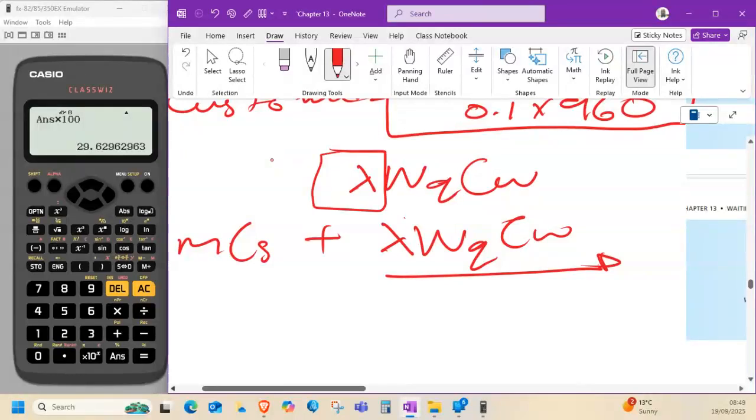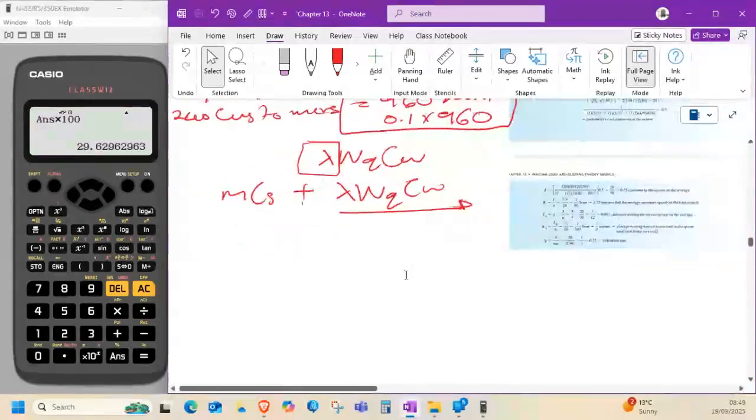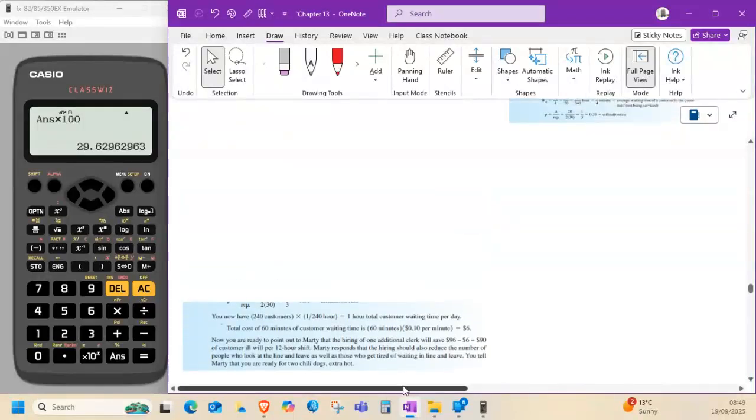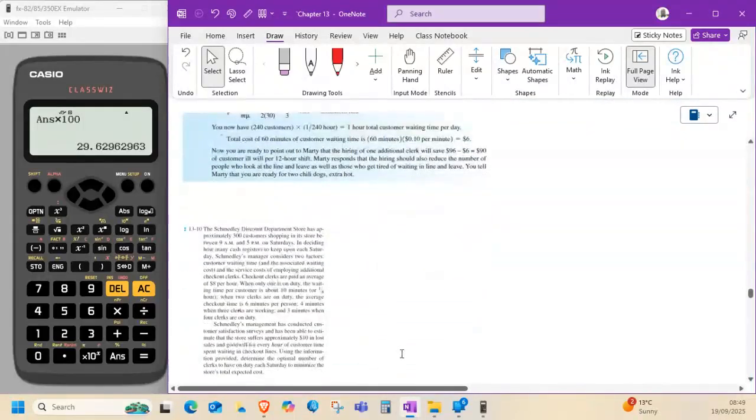Without wasting any time, it is best that we just go to the book problems.